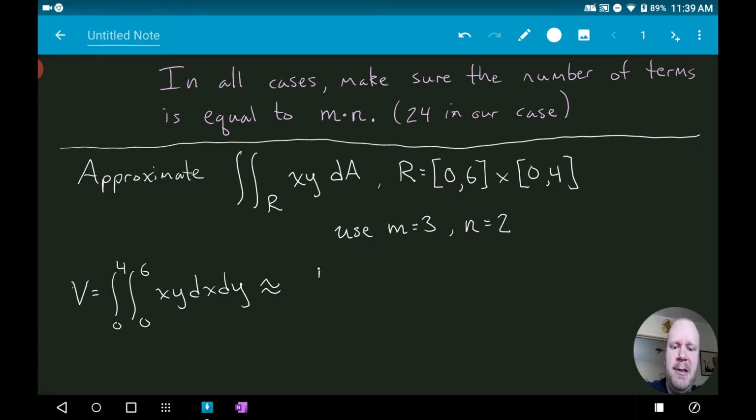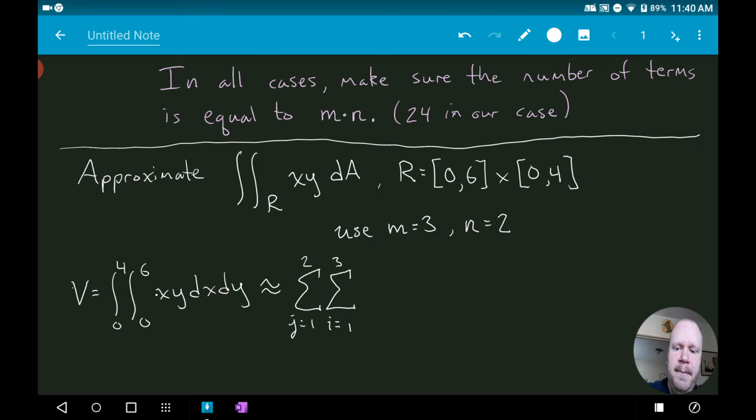So this is approximately equal to this. So i is going to be from 1 to 3, and j is going to be from 1 to 2.